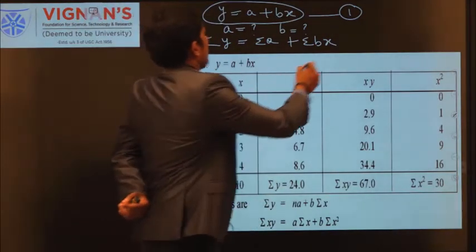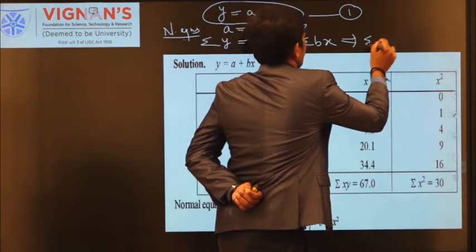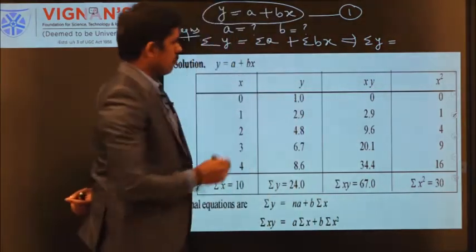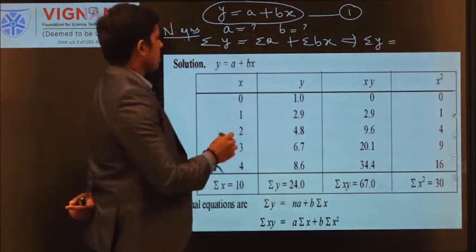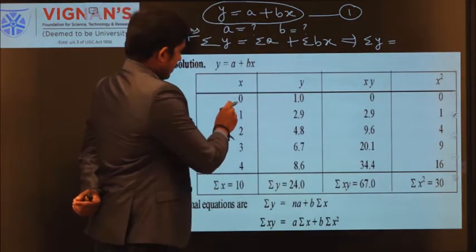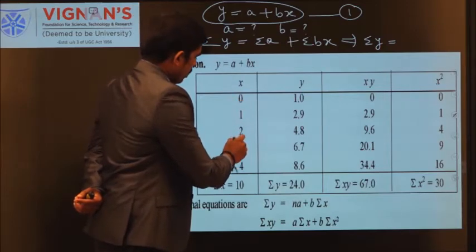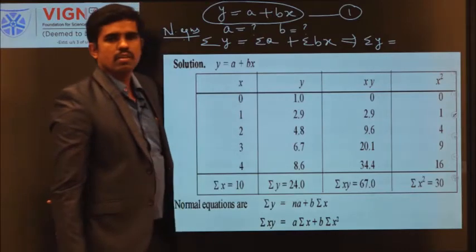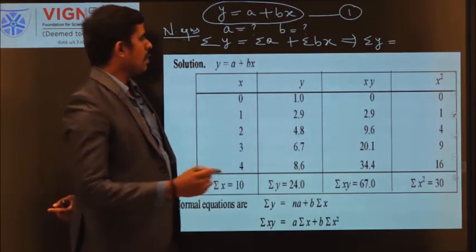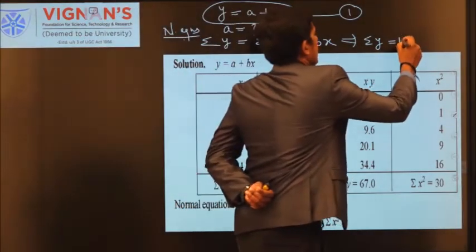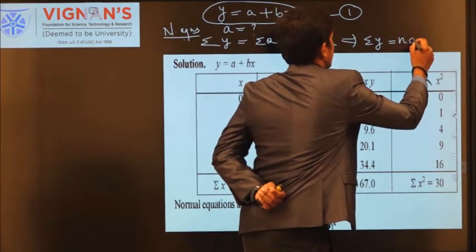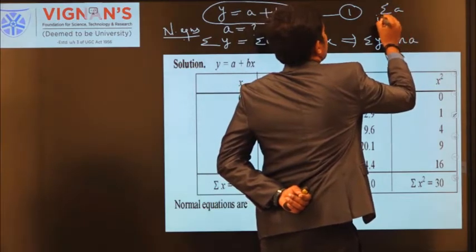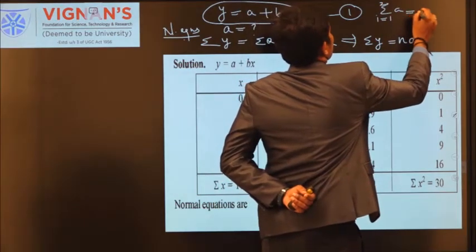So this implies summation y is equal to, actually, summation for how many values? Summation for how many values are there? 1, 2, 3, 4, 5. There are 5 values. So summation for 5. Normally you write how many values are there for you, that times a. For example, if i goes from 1 to 2, na, what is the meaning? a plus a.